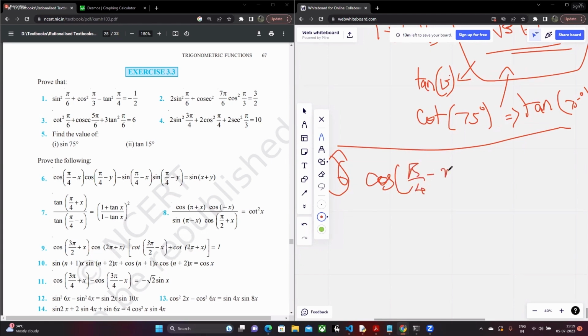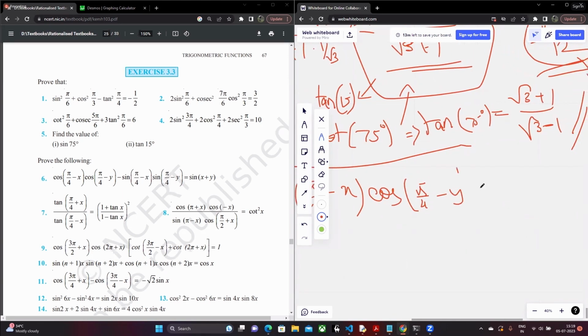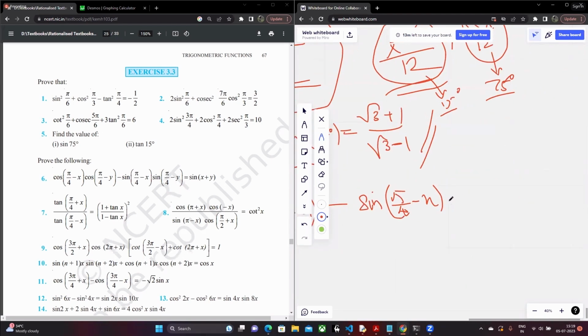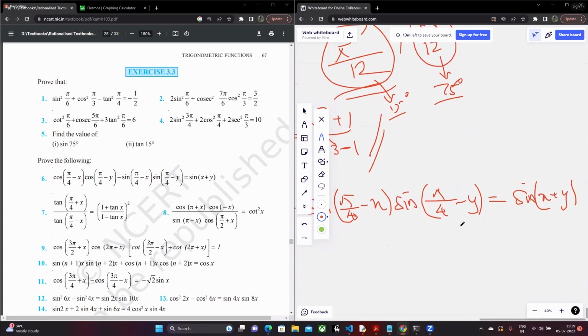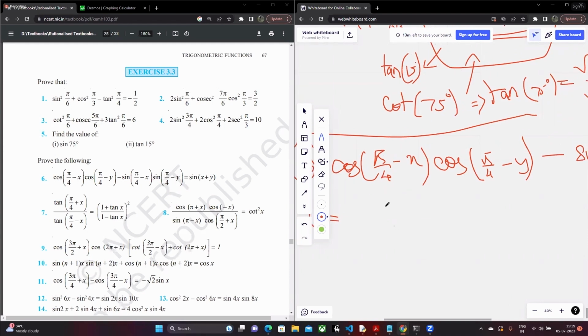This is cos of pi by 4 minus x, cos of pi by 4 minus y, minus sine of pi by 4 minus x into sine of pi by 4 minus y. It's going to be equal to sine of x plus y. Same rules of L and R as before. I will first take L because I like working with the left hand side.